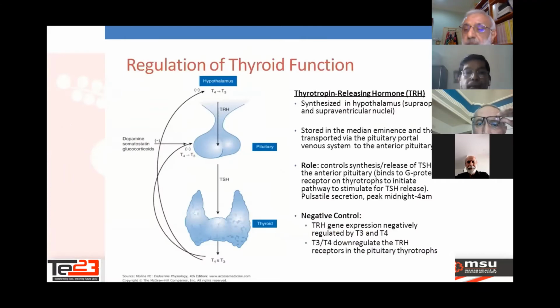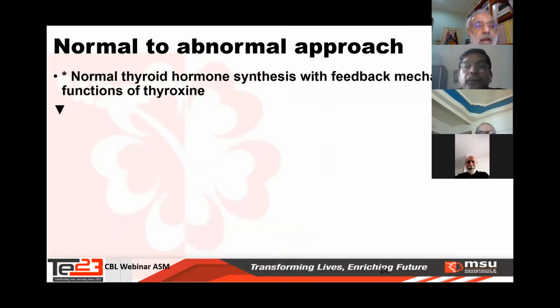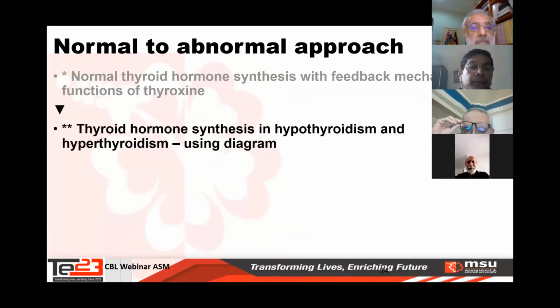Here is another example. For example, regulation of thyroid functions is taught as a lecture. And then the first session covers the normal thyroid hormone synthesis with feedback mechanism and functions of thyroxine. The second session, or CBL2, will be using the same diagram, but now we would be creating a scenario where thyroxine is not being produced or thyroxine is being overproduced.